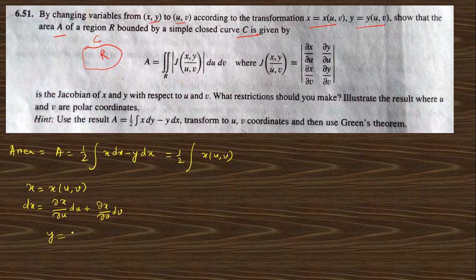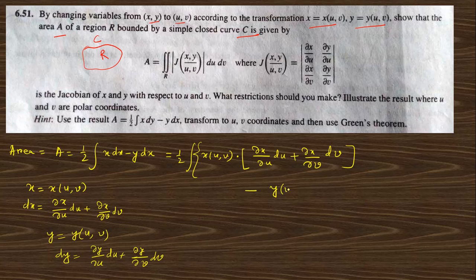Similarly, y is a function of uv, so you can say dy is nothing but del y by del u into du plus del y by del v into dv. Just replace here dx. What is the value of dx? dx is nothing but del x by del u into du plus del x by del v into dv.